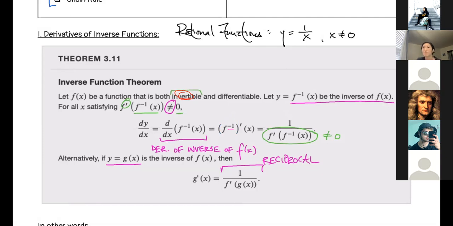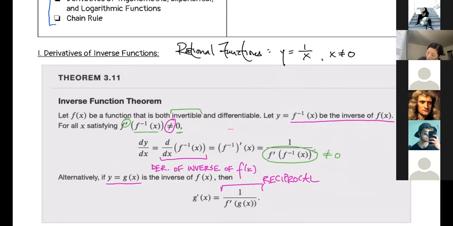So invertible, and when is it not invertible?